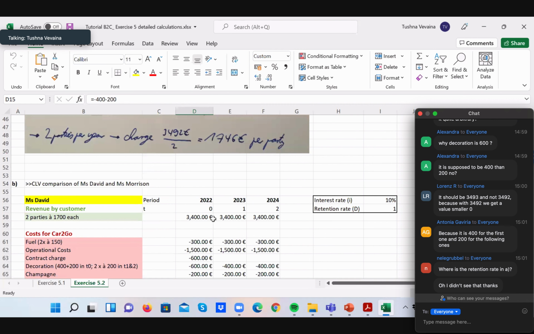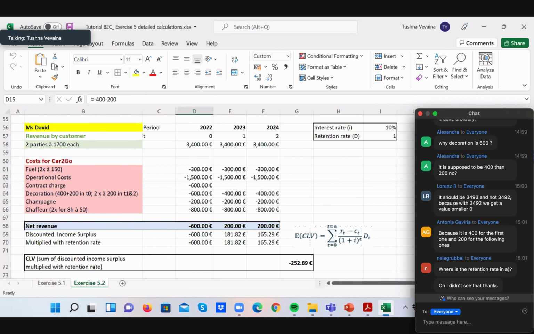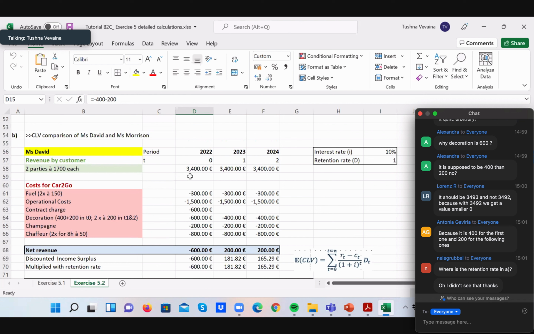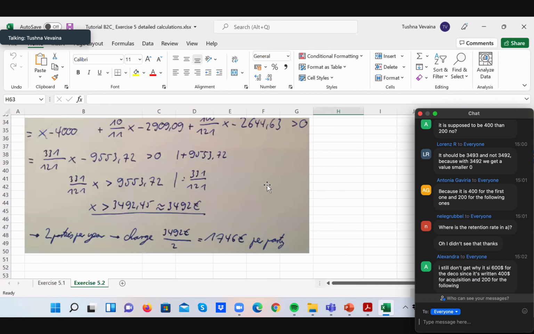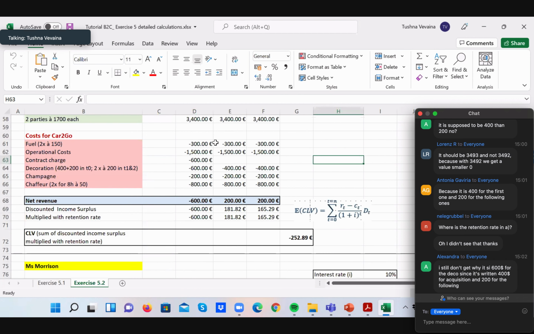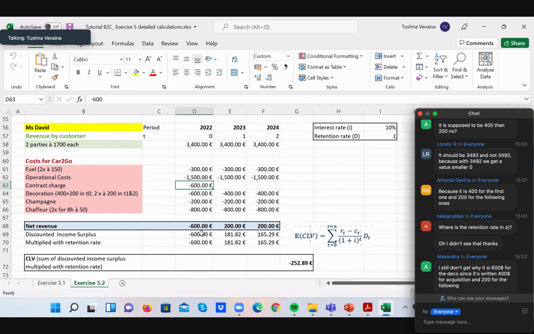And then you're asked to compare your CLV as part B for Mrs. Davis and Mrs. Morrison. So that's where, again, I write down my interest rate, I write down my retention rate, and I say, okay, my revenue from Mrs. David would be 1,700 each. And then I say that, okay, I want to deduct my costs over here, and I get a net revenue of negative 600 in the first year and then positive.